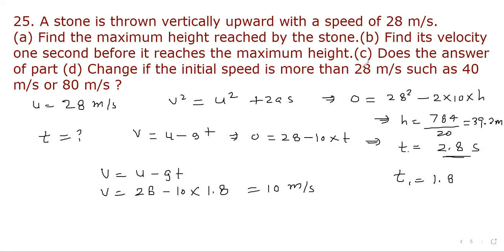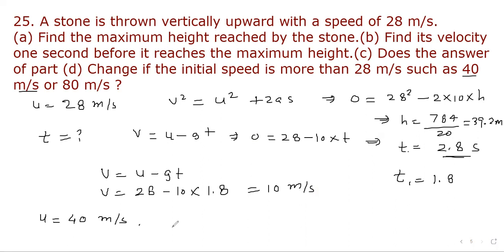Now, does the answer of part D change if the initial speed is more than 28 meter per second, such as 40 meter or 80 meter per second? So now let's evaluate it. So we have u equal to 40 meter per second. We are considering this case, 40 meter per second.